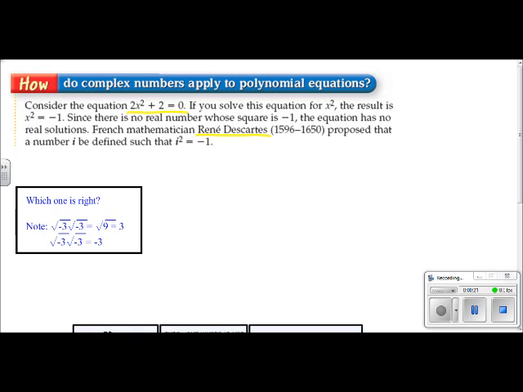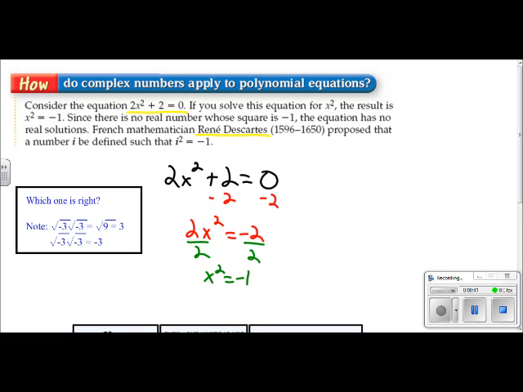2x squared plus 2 equals 0. So, let's see if we can solve it. We'd subtract 2 from both sides, and we would leave 2x squared equals negative 2. Divide both sides by 2, and we get x squared equals negative 1.